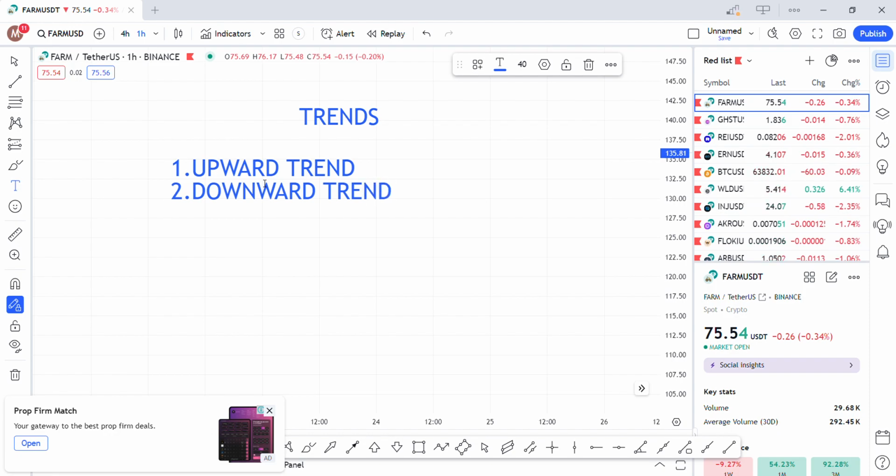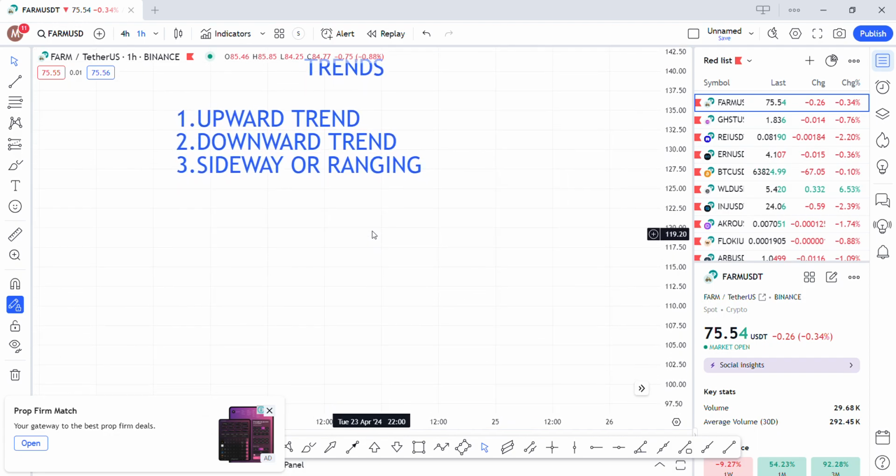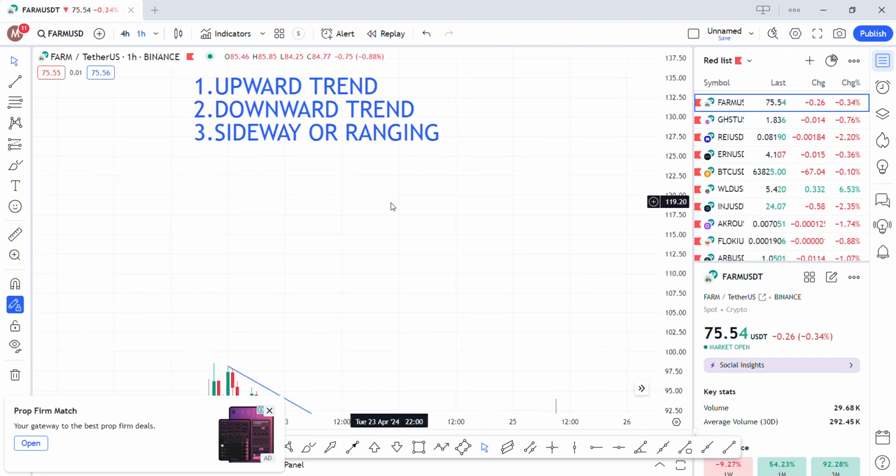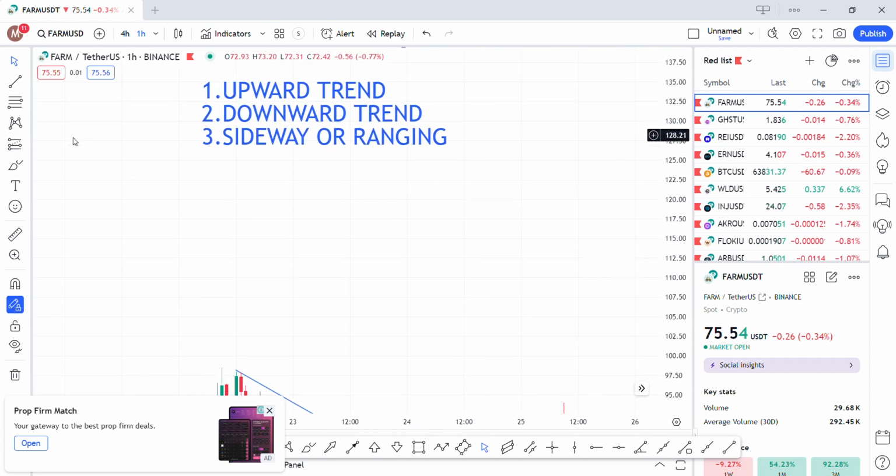The third one is a sideway, or we call it a ranging trend. These are the trends that are very important in trading. So now you understand the three types of trend. Let's see how to identify how those trends happen.